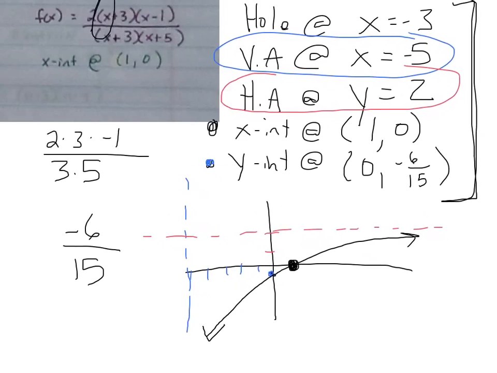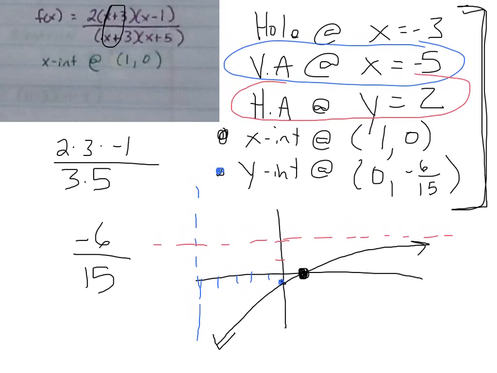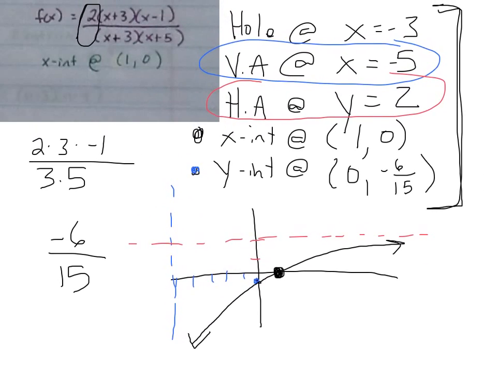It can either curve down like this or up like this. That way it doesn't cross the vertical asymptote and doesn't cross the horizontal. Well, if it curved down like this, we would get another x-intercept, which we do not have. So we know it has to be on this half. So it does something to that effect.